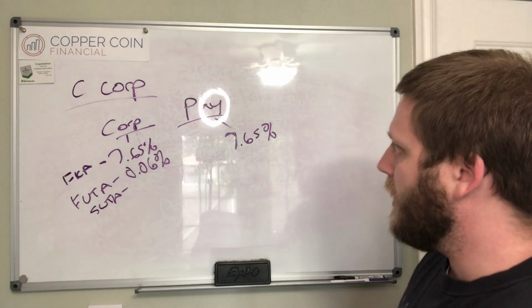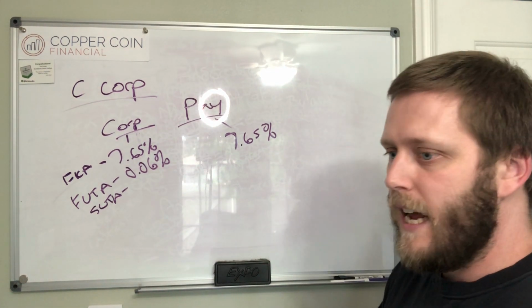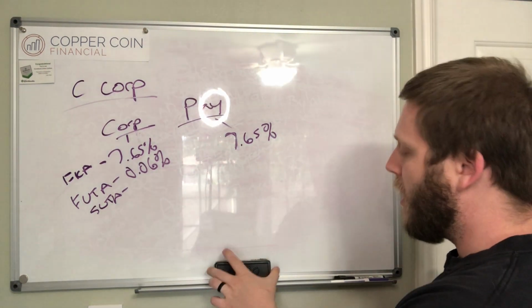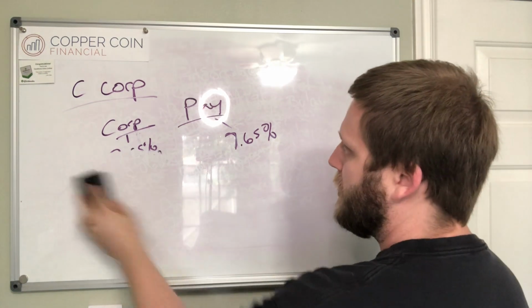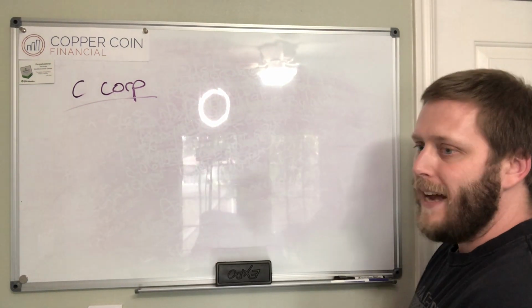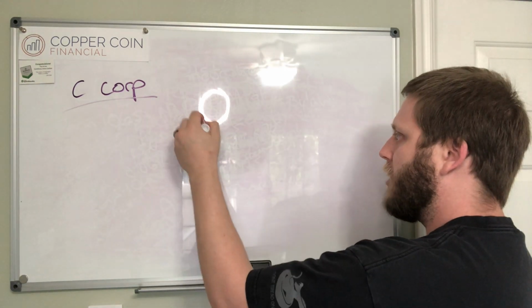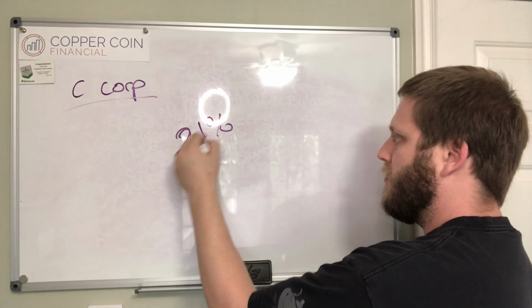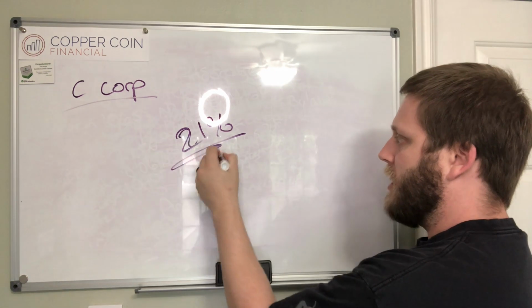And then finally, taxes. How do taxes work for a corporation? Well, they're not a pass-through tax like we've seen in the past with LLCs and sole proprietors. There's no pass-through. The corporate income tax rate as of 2018 was 21% for all of them.